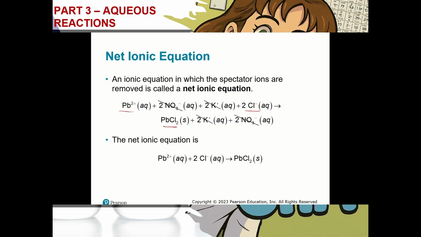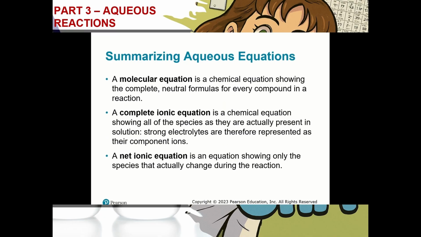The spectator ions come inside of the reaction and come out just to balance the charges, but they don't react. The same way they enter is the same way they come out. So summarizing, the molecular equation shows all compounds, the complete ionic equation shows all ions, and the net ionic equation shows only the reacting species. Each format has its purpose depending on what you are analyzing.